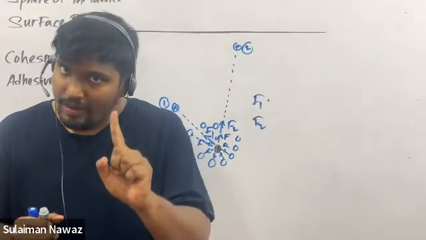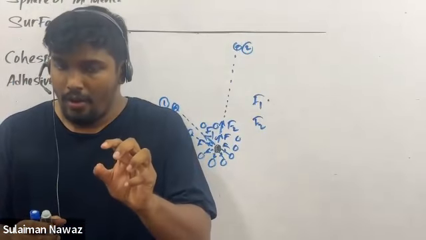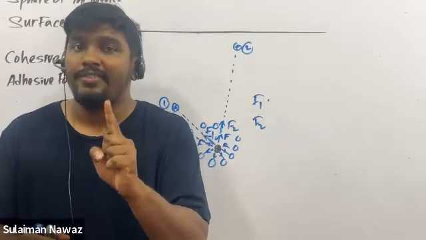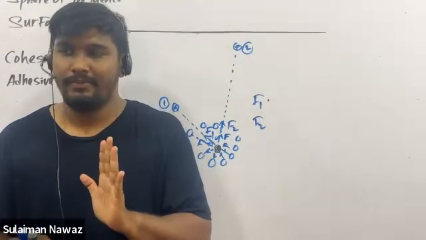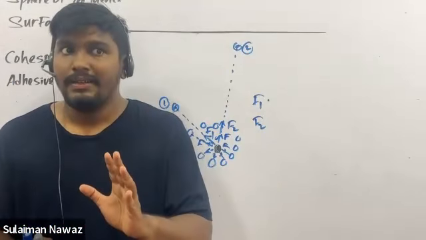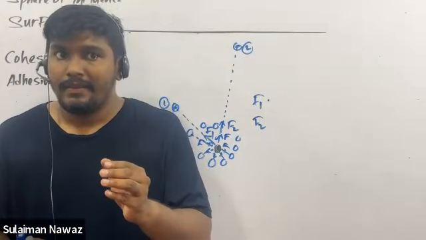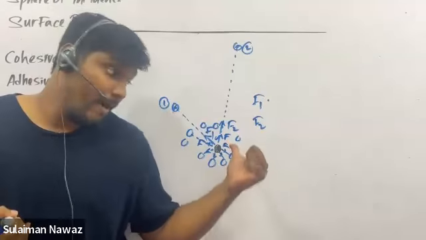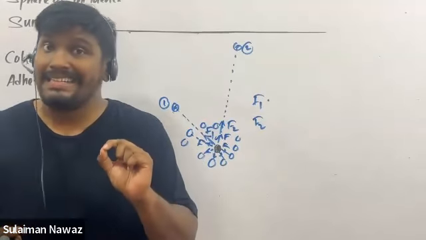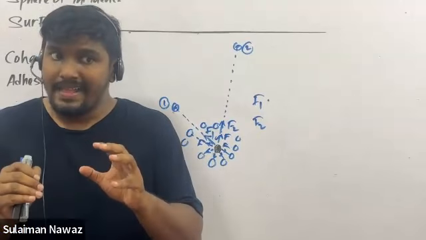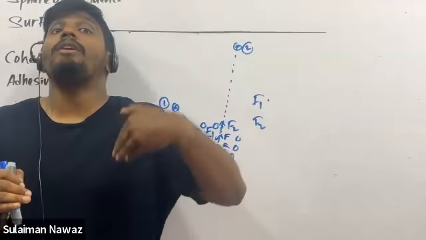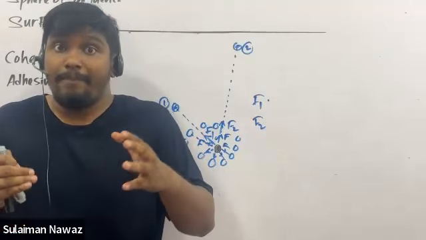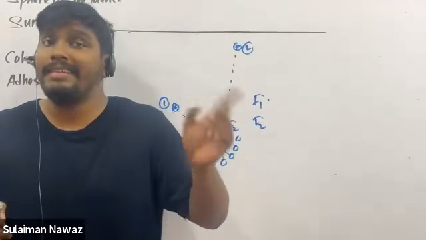F1 is large, right? Because this particle is close to this particle, the attraction force produced by this particle on this black color particle is very high. So the first conclusion is, when you consider a particular particle, all the particles in that liquid will produce attraction forces on that particular particle. And also we know that when the particles are far away from the considered particle, the black color particle, the attraction force produced by the particles farther away is less.